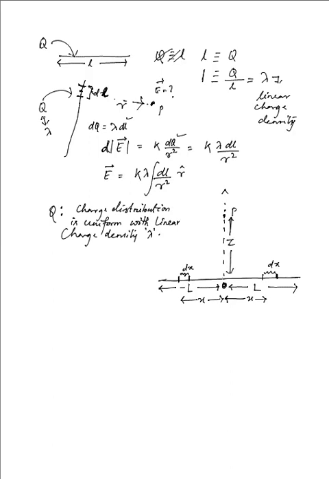From this element we have the distance towards the point P as, let us say, r as of now. So r is the position vector of P with respect to the element dx.